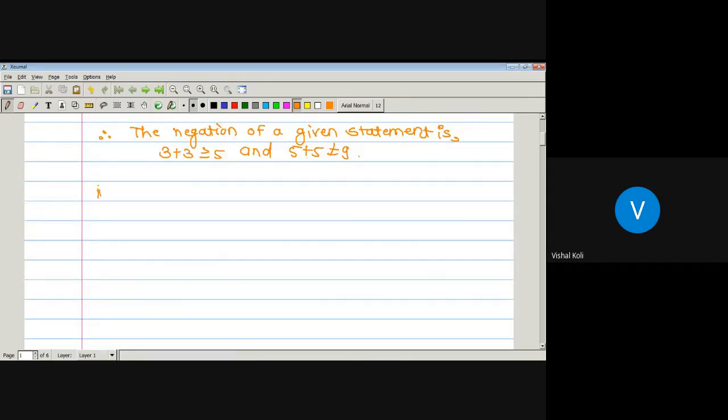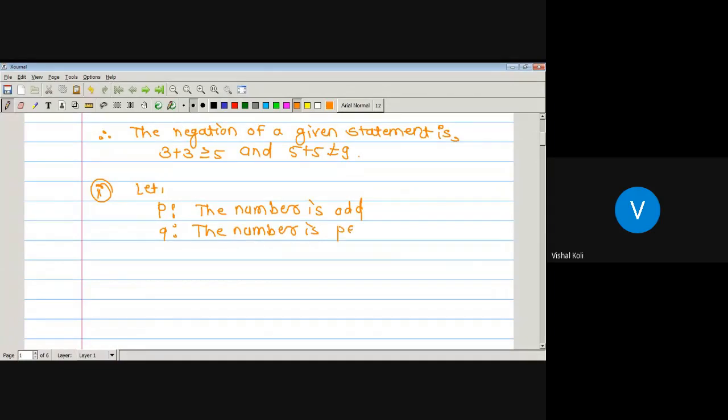Similarly, for the second example, let us take P as the number is odd, and Q as the number is perfect square.